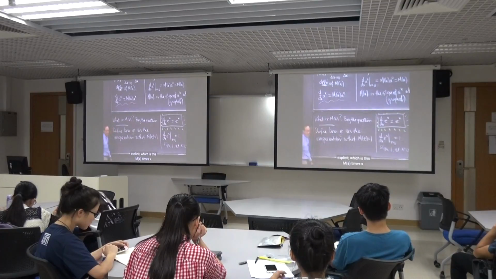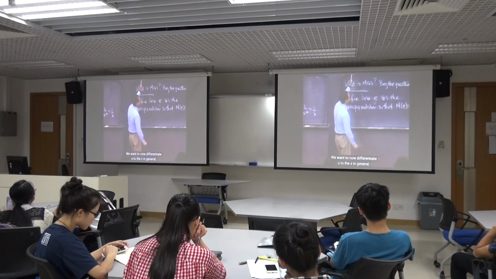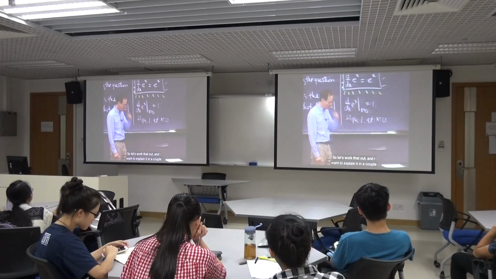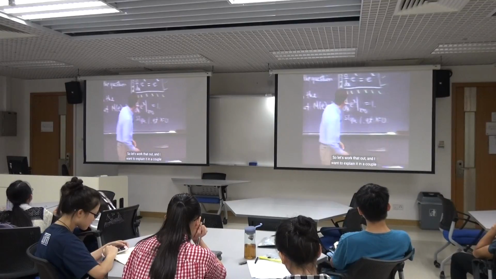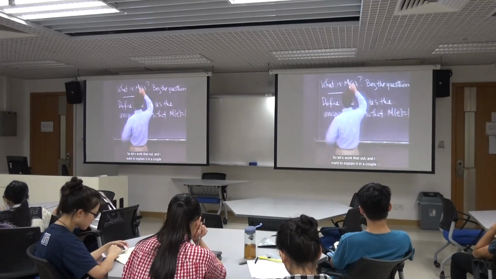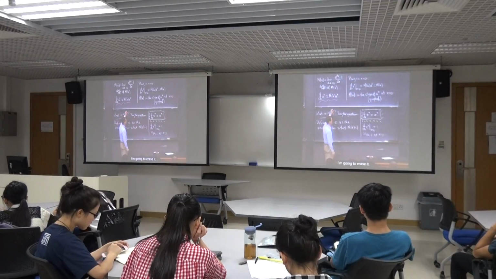We want to now differentiate a to the x in general, not just e to the x. So let's work that out, and I want to explain it in a couple of ways. So you're going to have to remember this because I'm going to erase it.